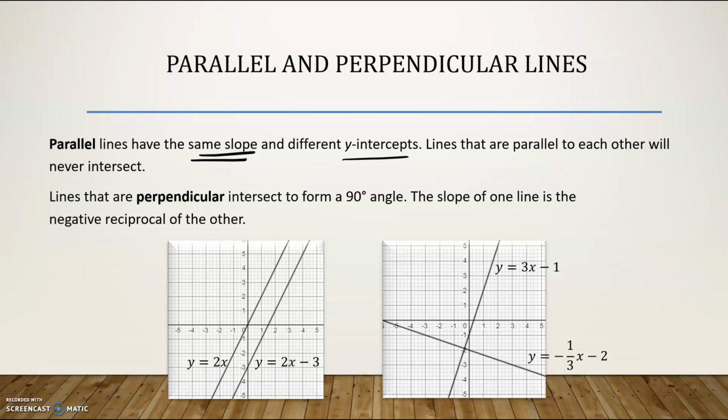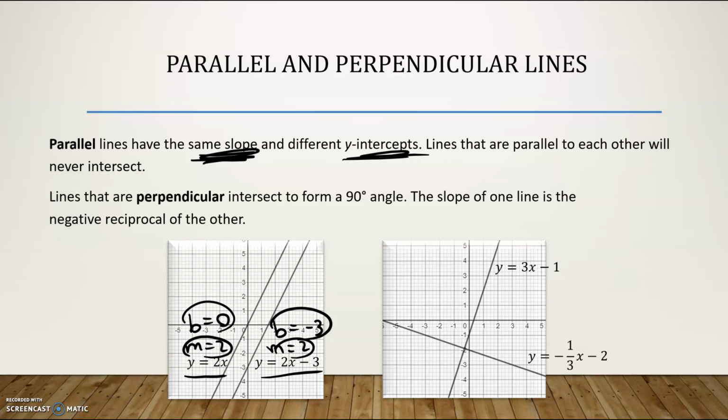Look at the equation for this line and for this line. The slope for this line is 2, and the y-intercept is 0 because I don't have a number after it. Here the slope is 2 and the y-intercept is -3. So they have the same slope, but different y-intercepts.